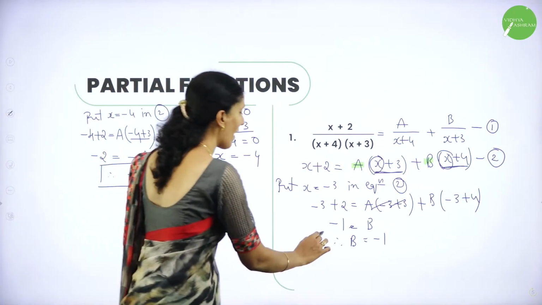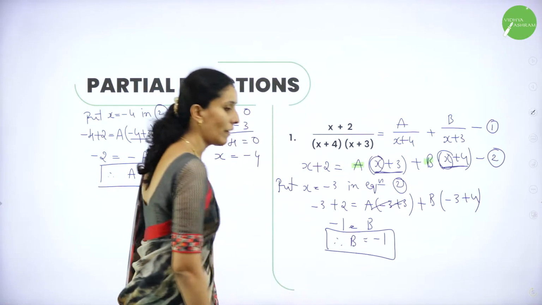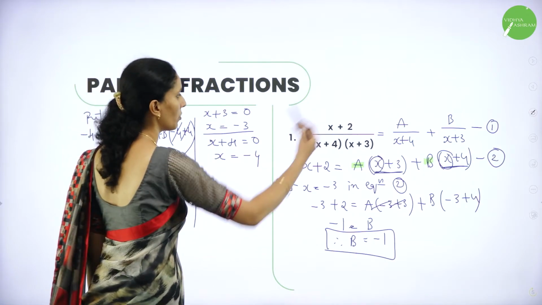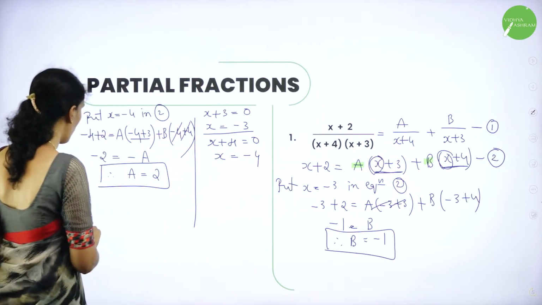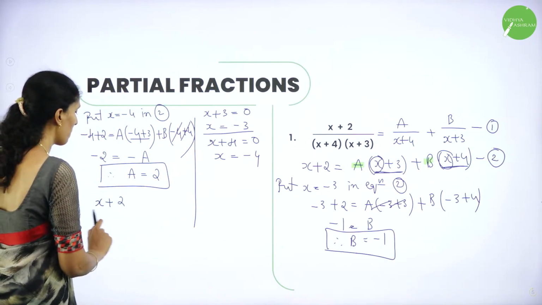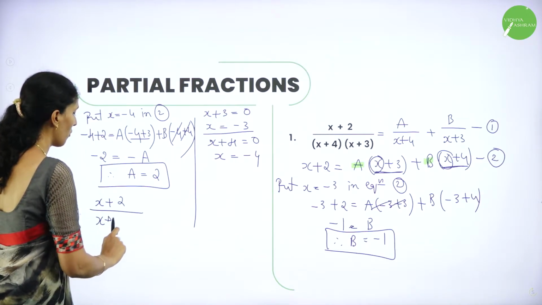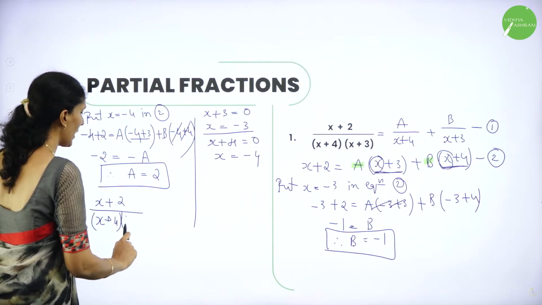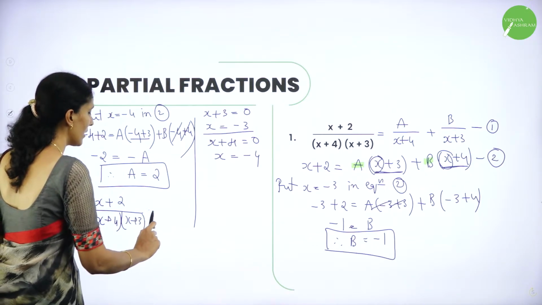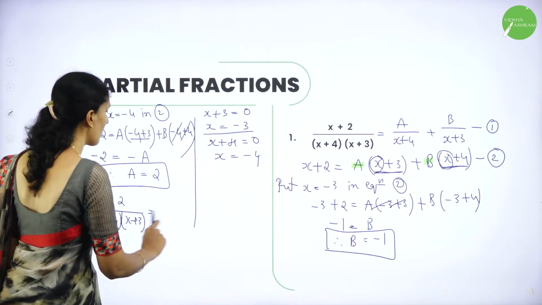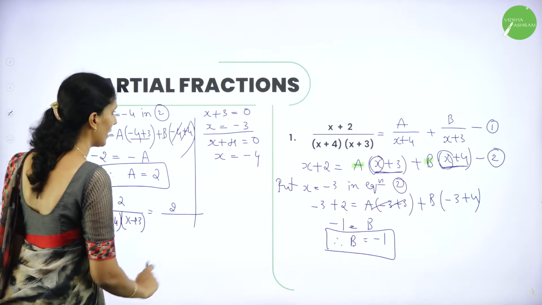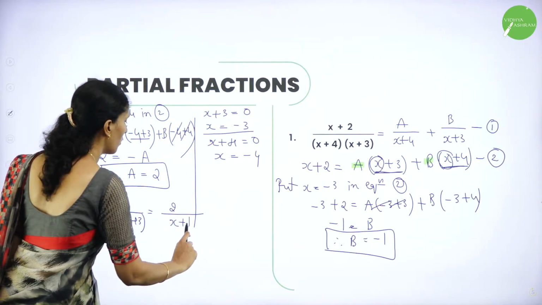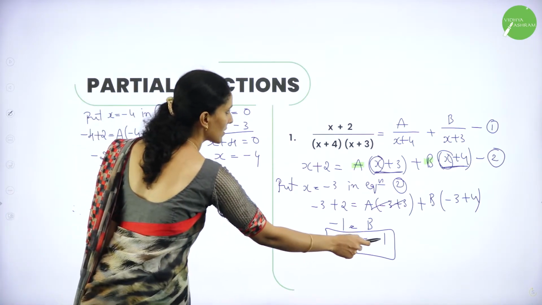Now you have got the value of A as well as the value of B. Just substitute in equation 1. So (x plus 2) by (x plus 4) into (x plus 3) is resolved as, what is the value of A? 2 divided by x plus 4, and the value of B is minus 1.